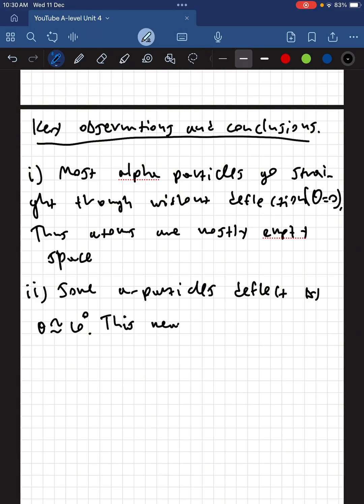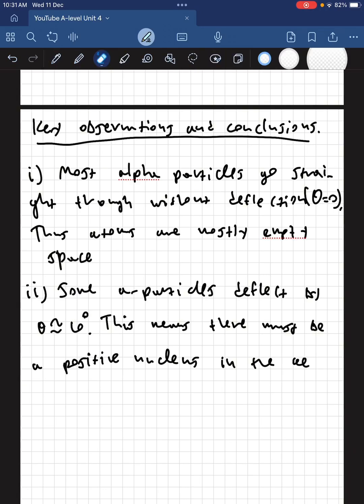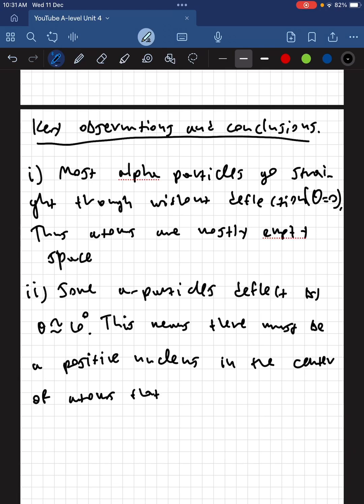This means there must be a positive nucleus in the center of atoms that deflects alpha particles, okay?